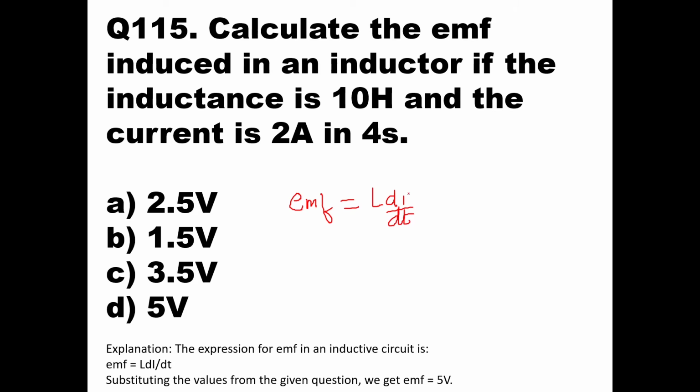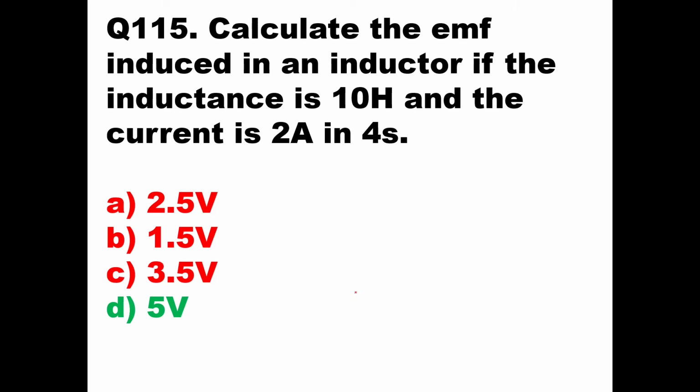Substituting the values, L is equal to 10 Henry multiplied by di by dt, which is 2 ampere in 4 seconds. If you do this, 2 ones are 2, 2 twos are 4, 2 fives are 10. This is nothing but 5 volt. So EMF is equal to 5 volts. Clear? So here answer D will be the right answer. Then we'll go to the next question.